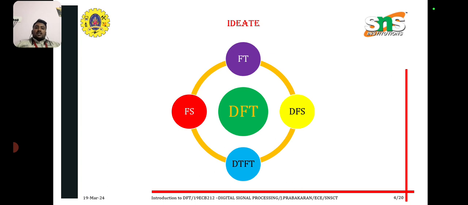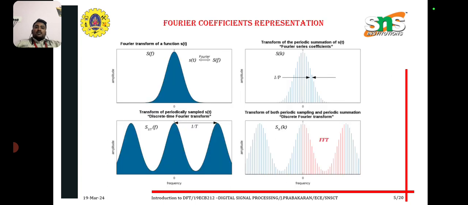Then this is the diagram for Fourier coefficient representation. Signal processing: DFT is essential for tasks such as filtering, convolution, correlation, and spectral analysis. It provides a way to manipulate signals in the frequency domain, which can be more efficient compared to working in the time domain.